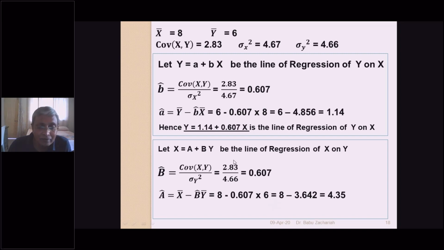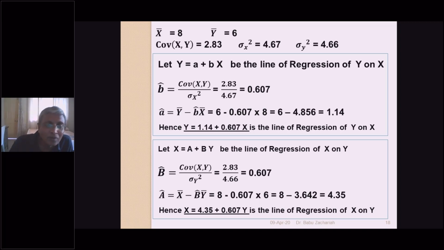Y bar is 6. Okay, and it works out to be 4.35. So I can write the line x is equal to 4.35 plus 0.607 times y is a line of regression of x on y. So given two variables, we can calculate two lines of regression.